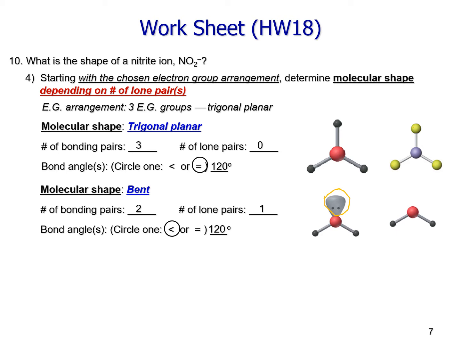unless the lone pairs of electrons, if there are enough, form a highly symmetrical geometry again, like linear or square planar.